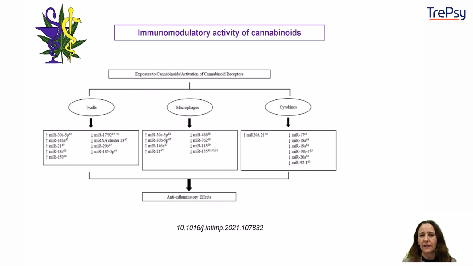So the regulation of the response is not that simple, it's very complicated, and as we can see here, the exposure to cannabinoids, the activation of the receptor of cannabinoids, can give rise to the production of different microRNAs, different molecules that control gene expression, but as a whole, different amounts of microRNAs, as you can see here, can act in collaboration in order to give rise to an anti-inflammatory effect.